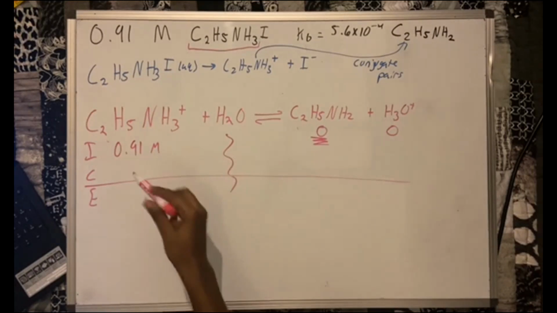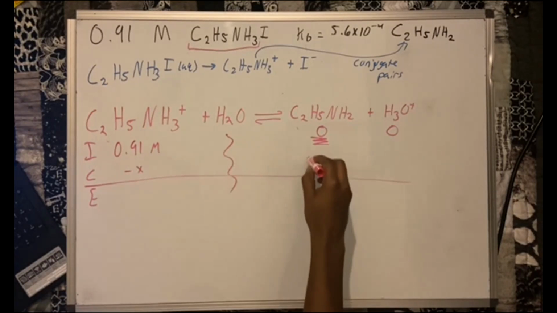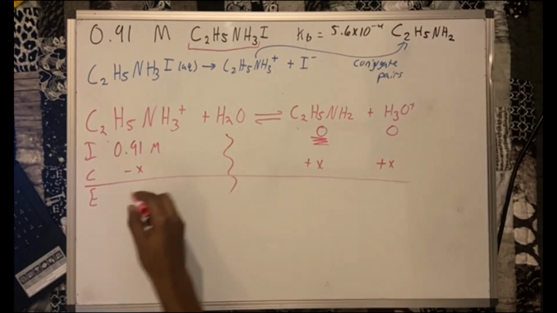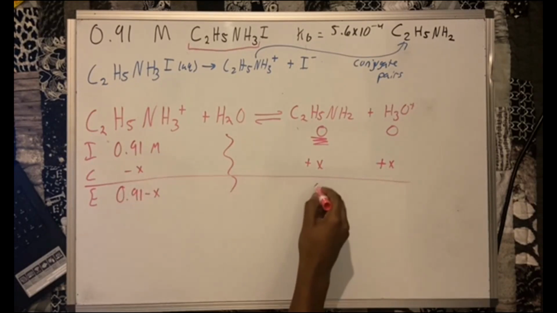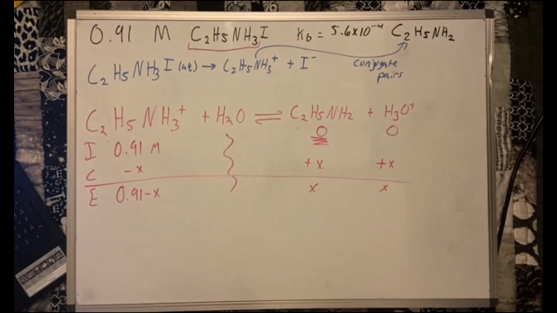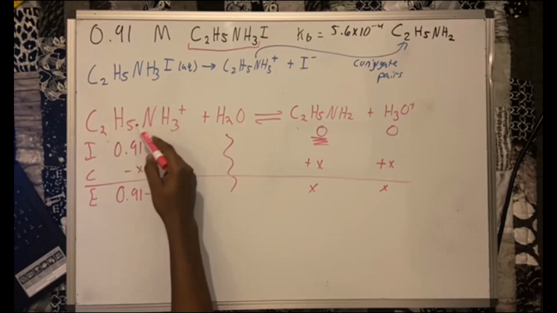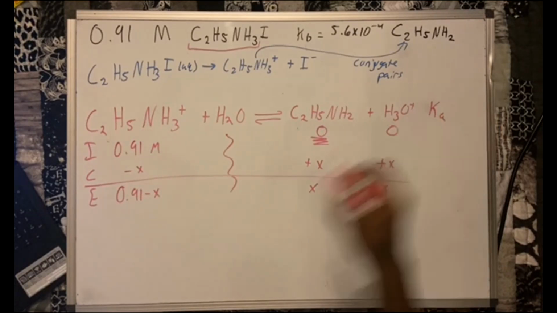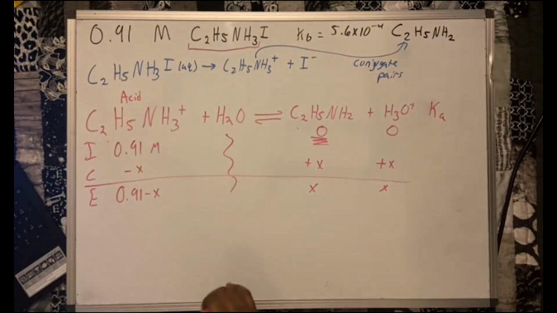So then it's just our ICE table again. I do my minus x, plus x, plus x that you've seen 1,000 times. Hopefully you're doing this. 0.91 minus x, x, x. This is an acid, so I need my Ka.